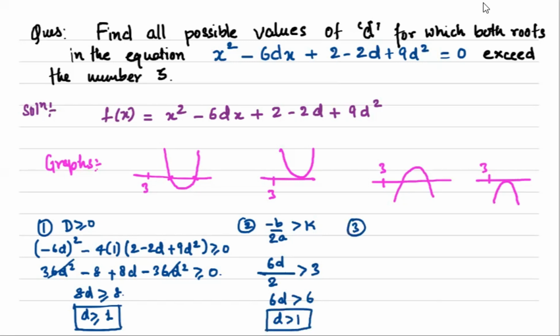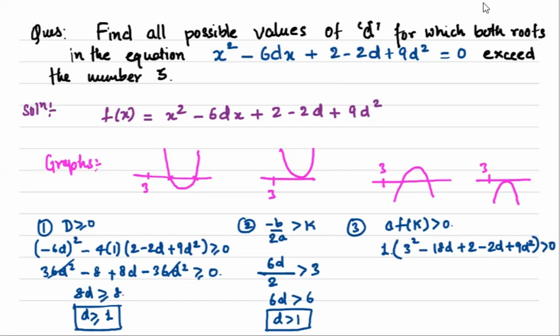And then the third condition is a times f of k should be greater than 0. So a is 1, and f of k means here f of 3, right? So f of 3 would be 3 squared minus 18d plus 2 minus 2d plus 9d squared is greater than 0.